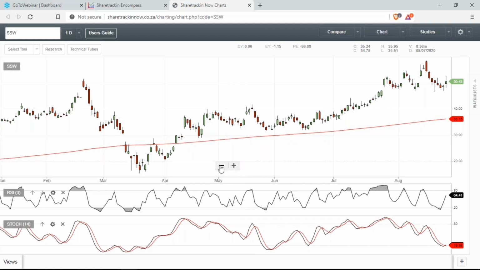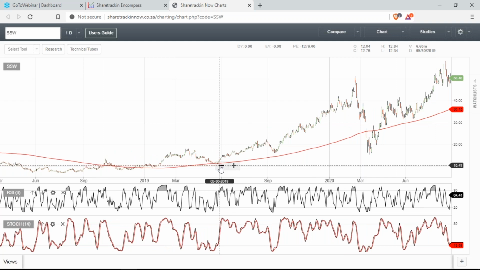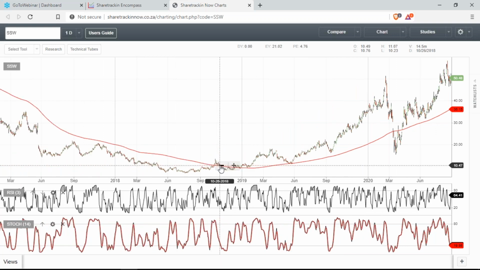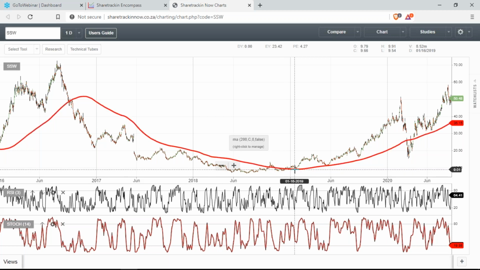Let's see for how long. That's always the first thing to look at. It doesn't help us buying a share if it doesn't have an upwards movement, because then we are going to buy into a share that's going to create a loss. So you could more or less say the upwards movement started here on the 25th of January 2019, and it's been growing ever since.